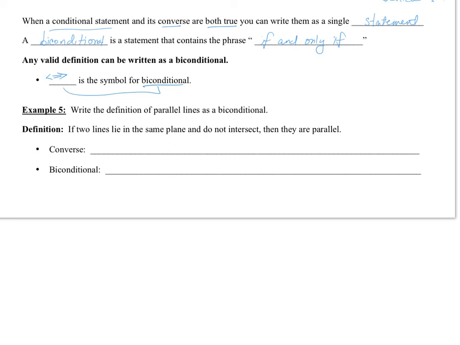Example 5. Write the definition of parallel lines as a biconditional. If two lines lie in the same plane and do not intersect, then they are parallel. So we can say the converse is, if two lines are parallel, so I'm moving this part of the statement to the front and changing this pronoun back to two lines here.